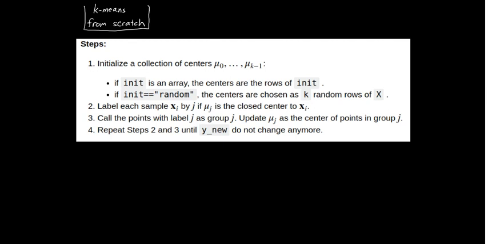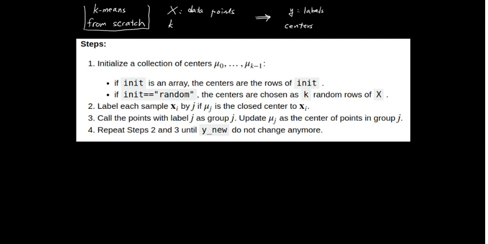So basically, you will have a data set called X, right? And then you have to input the K, and it will output the label Y. And if you want, you can output the centers.